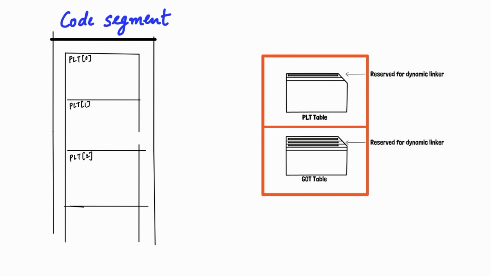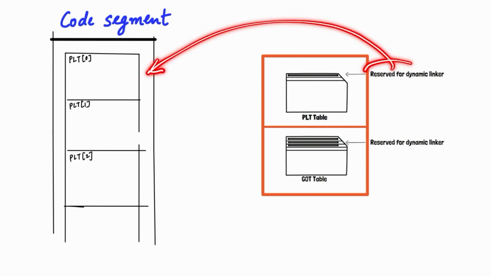Now let's delve deeper into these tables. We'll extract the PLT table from the orange rectangle, and let's draw a new diagram on the left side to clarify its structure. Here the PLT table resides in the code segment of the application, and as mentioned earlier, the first entry is reserved for the dynamic linker.